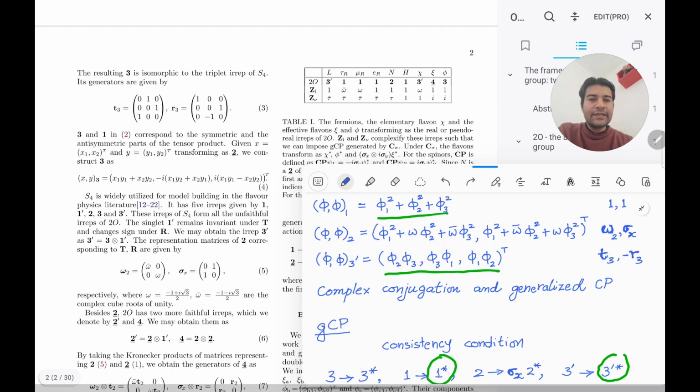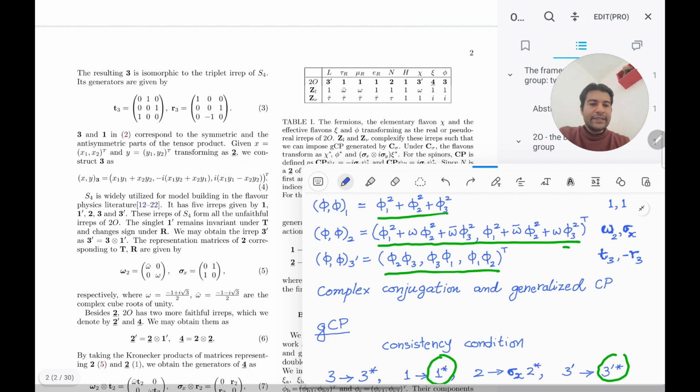On the other hand, the doublet is constructed with complex numbers. You can see that the first and the second terms are complex conjugate to each other. Therefore, under complex conjugation, these two components are exchanged. This is inconsistent with our original definition.